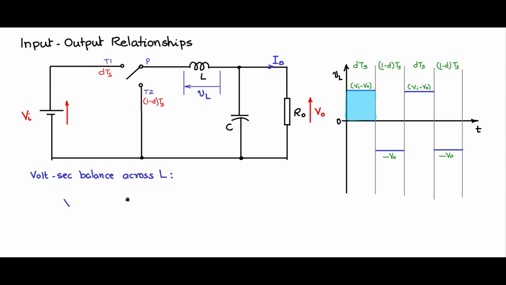During this time, (Vi minus V0) into dTs is the area of this rectangle. Now the other rectangle is minus V0 into (1 minus d)Ts. Now that should be equal to 0.